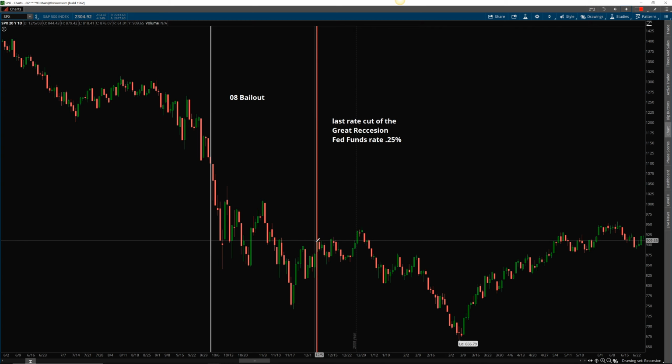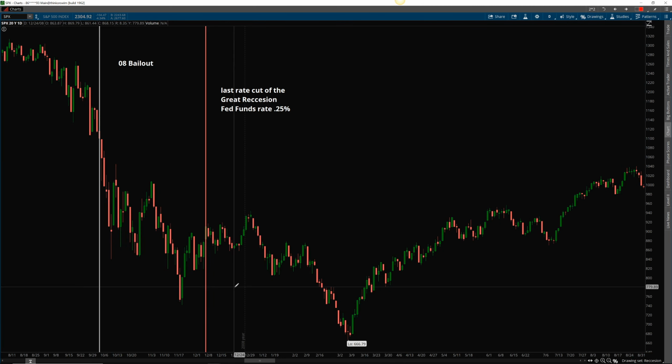I'm just trying to show you guys that even what most people would think to be good news, like the bailout or the final rate cut, does not actually signify a bottom. The bottom happened, in fact, 3 months after the last rate cut, and I think 5 months after the bailout.